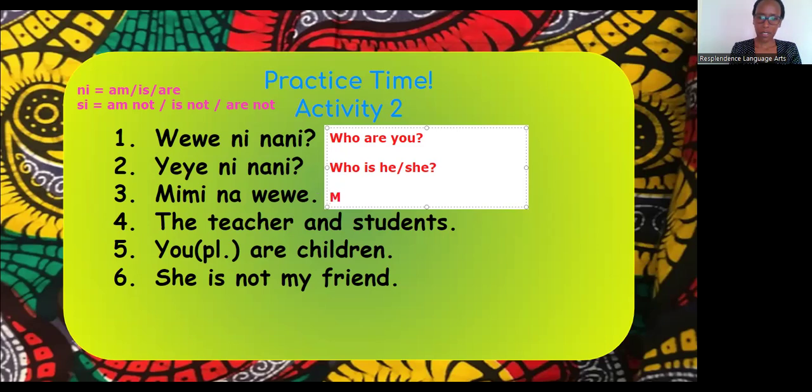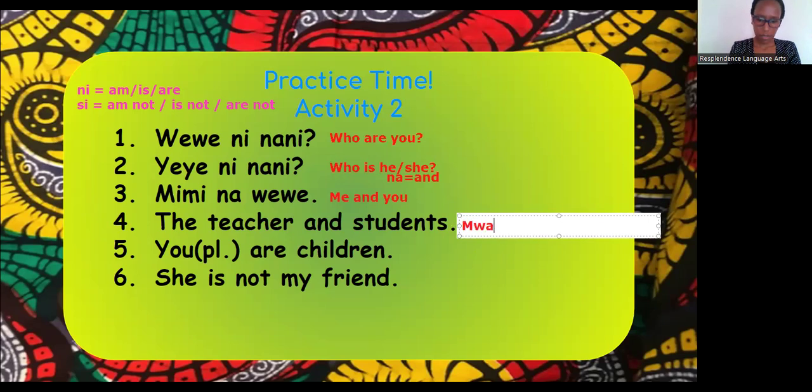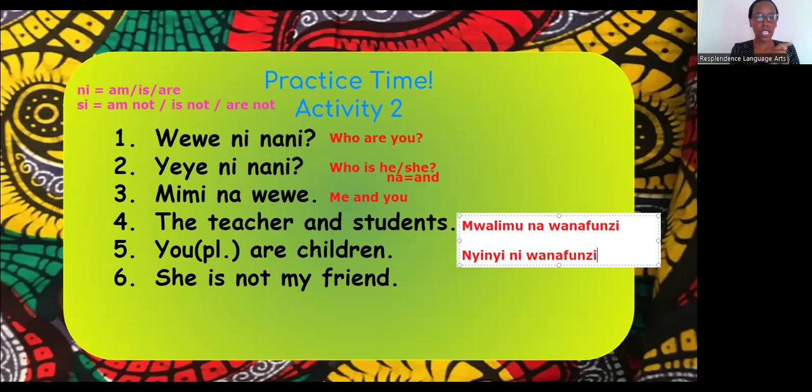Literally, but it would sound more proper to say me and you, or you and I. And the teacher and students, mwalimu na wanafunzi. And then we have, you are children, nyinyi ni watoto. I hope you're checking your work and confirming whether you got it right. And then lastly, we have, she is not my friend. We said, yeye si rafiki yangu.